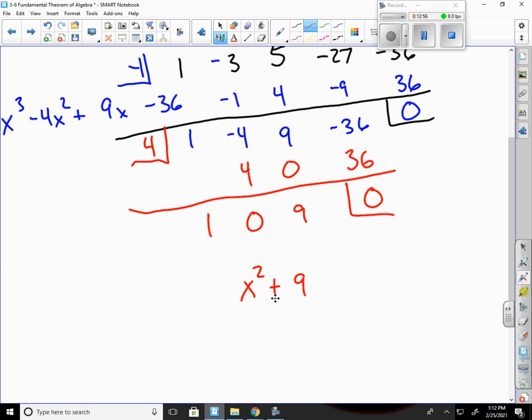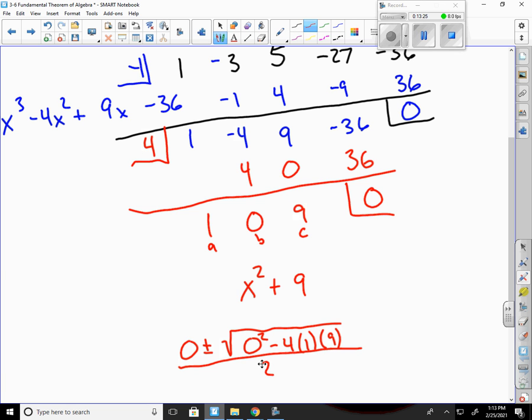Now I can do the quadratic formula because I'm at an x squared. So -b, which is 0. Remember that's a, b, and c. -b is 0 plus or minus the square root of b squared, which is 0, minus 4ac, all over 2a, which is 2 times 1, so that's just 2.